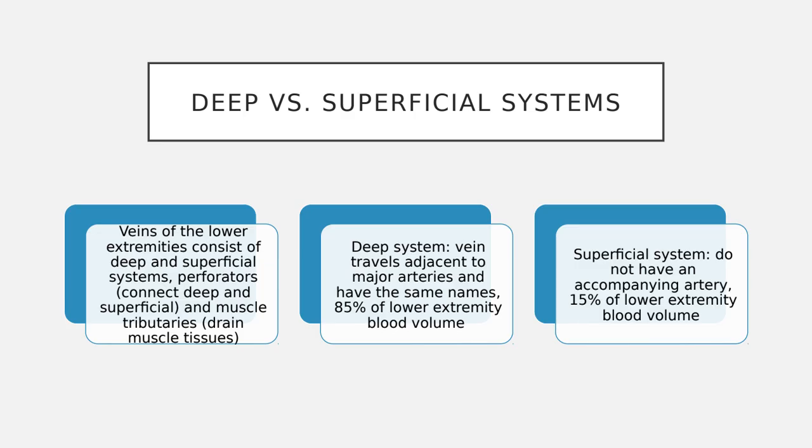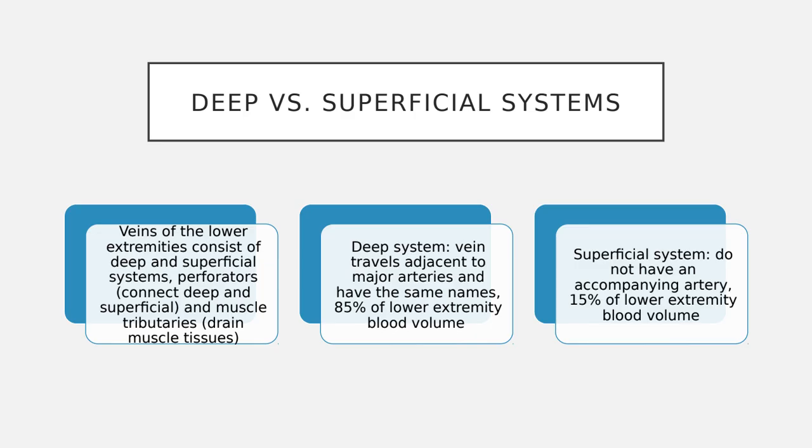We have these little detours in place because of how much our venous system is responsible for in terms of draining. In addition to perforators, which connect the deep and the superficial, we also have tributaries. Because we have so many muscles in our legs, even little muscles that we might not know that we have, each of these tributaries is responsible for draining the muscle tissue.